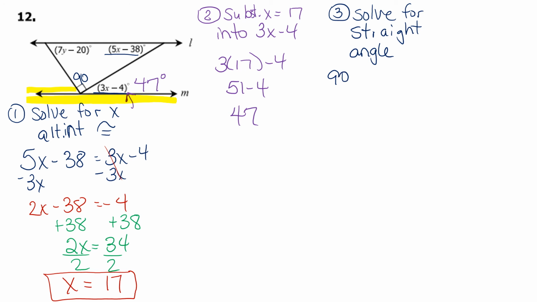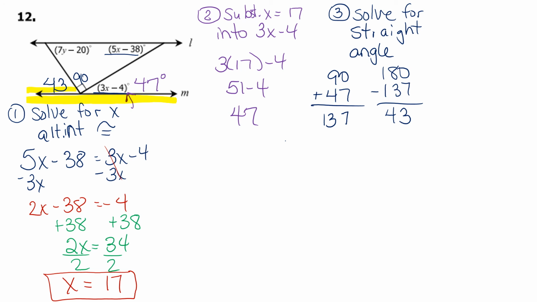So we have 90 degrees plus the 47 we just solved for. And when we add those together, we end up with 137. We're going to take our 137 and subtract it from 180 because we know straight angles equal 180 degrees. That's going to give me 43. So that lets me know this angle measurement is 43.